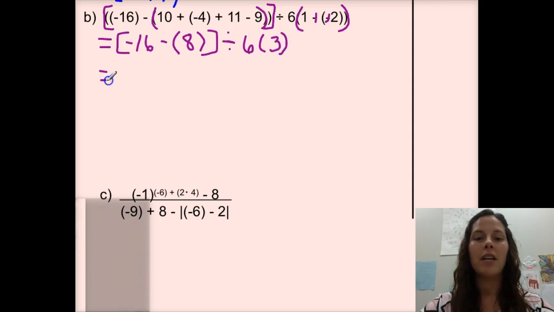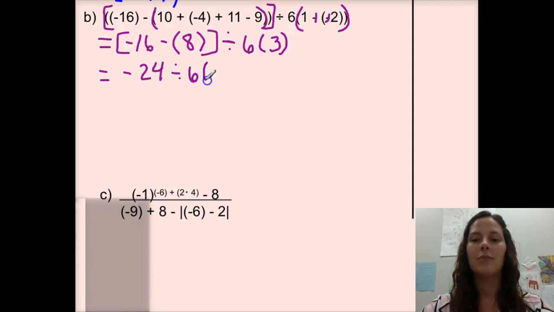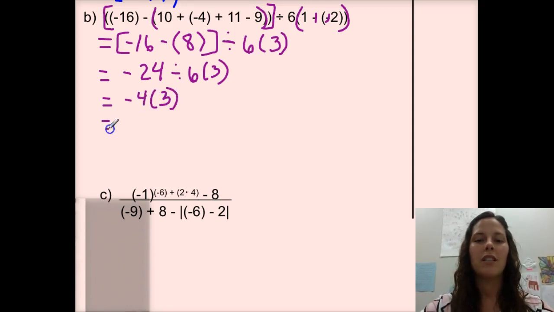In that first step, I can drop that inner parenthesis. It's no longer necessary. The negative 16 minus 8 is negative 24, divided by 6 times 3. Multiplying and dividing in order, left to right, I will divide before I multiply. Negative 24 divided by 6 is negative 4, and negative 4 times 3 is negative 12.